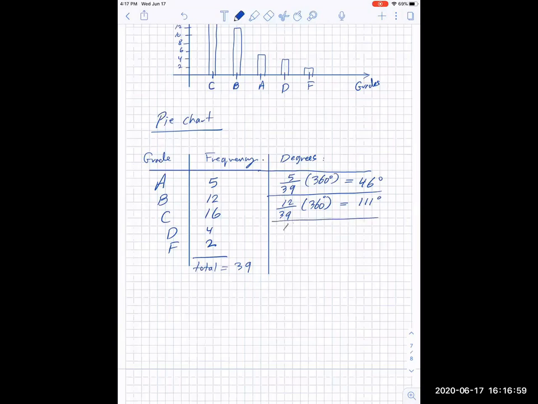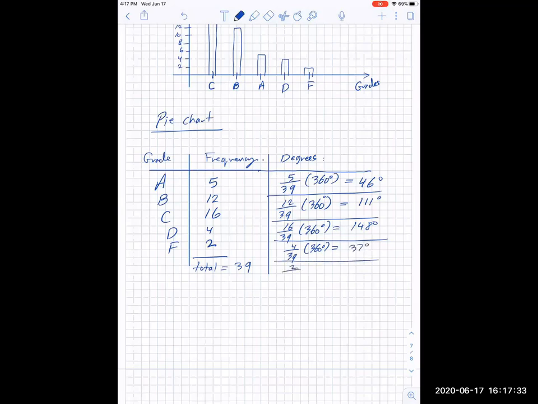And then 16 over 39 times 360. 148 degrees. 4 over 39 times 360. 37 degrees.